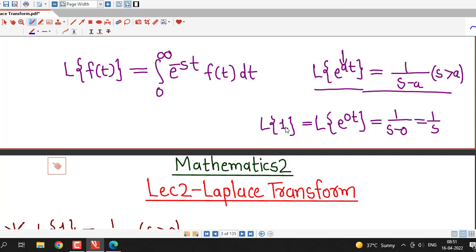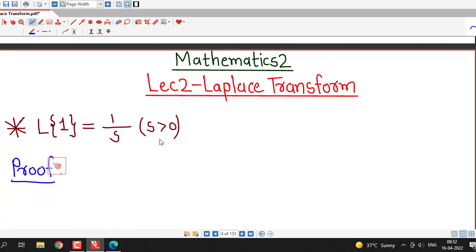So this is one way to show that Laplace transform of 1 is 1 by s. You can first prove that Laplace transform of e raised to at is 1 by s minus a, and then by taking a equal to 0, you will obtain Laplace transform of 1 as 1 by s, and because we have a equal to 0, this is valid if s is greater than 0.